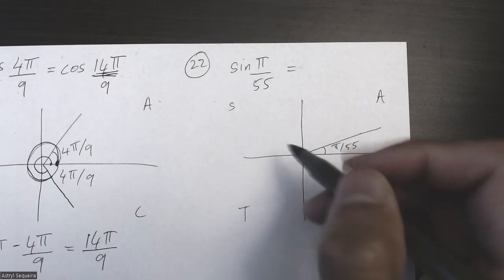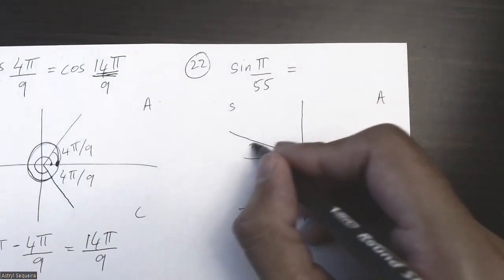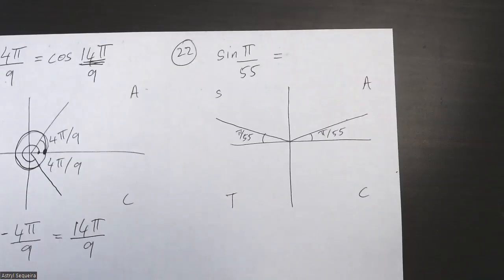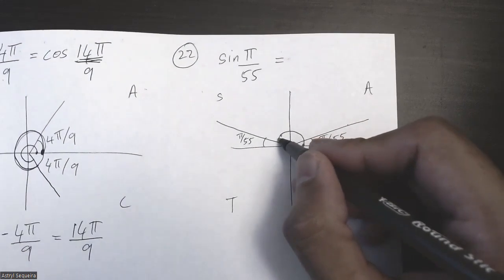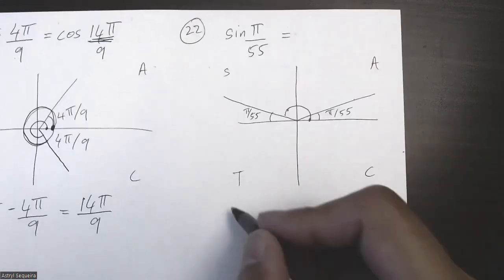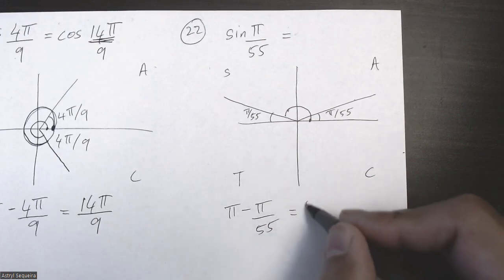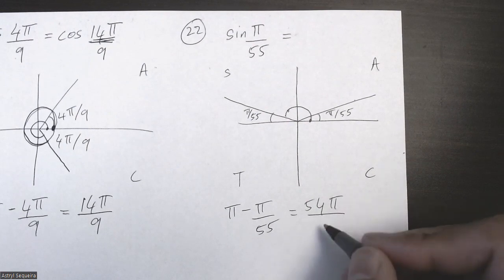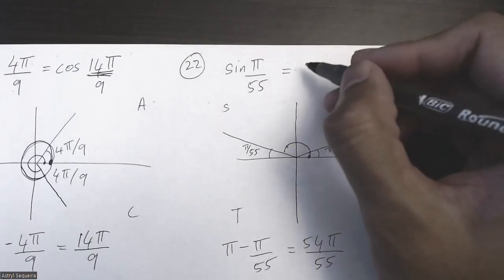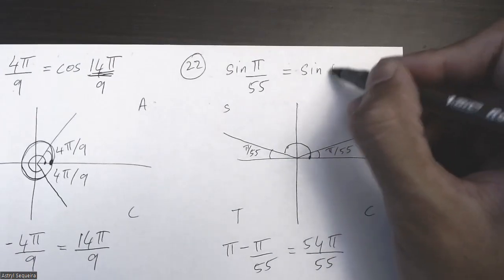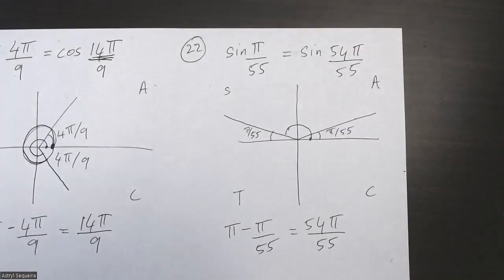So if this is positive, it has to be the other positive one here for sine, which is pi over 55. And now I want to find this principal angle over here. So I know that a half circle is pi. So I'm doing pi minus pi over 55, which is just 54 pi over 55. So sine of pi over 55 is the exact same as sine of 54 pi over 55.